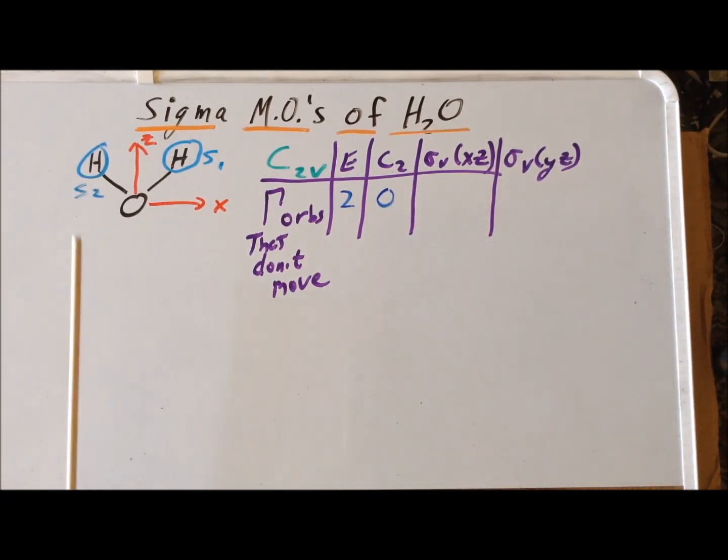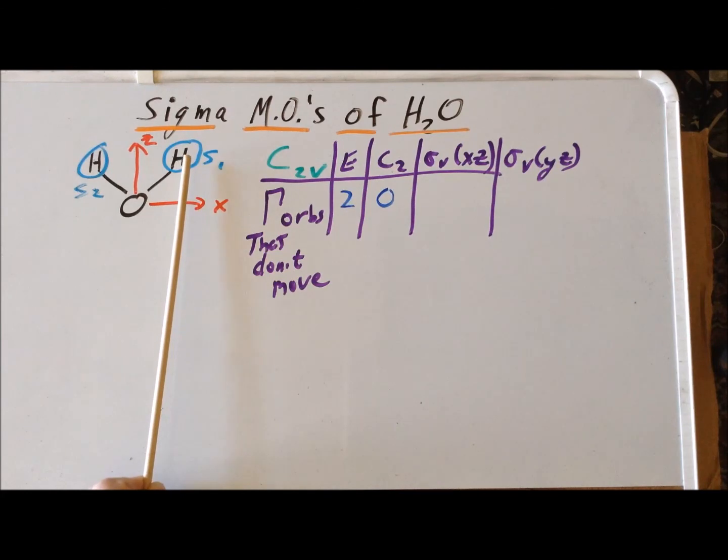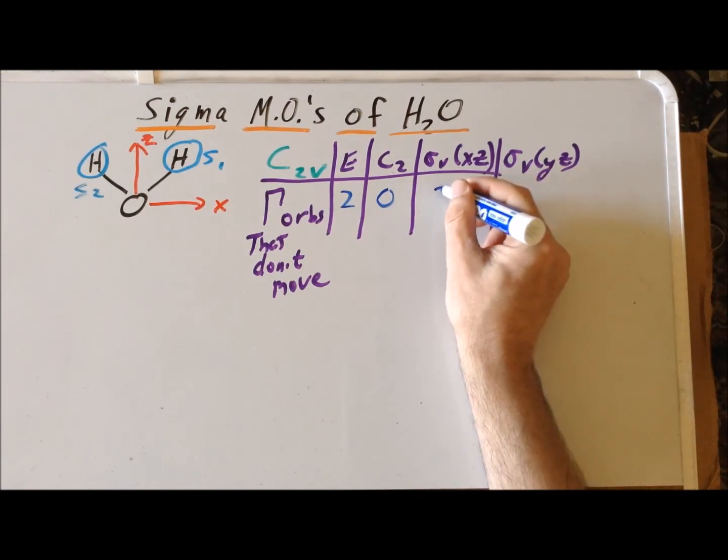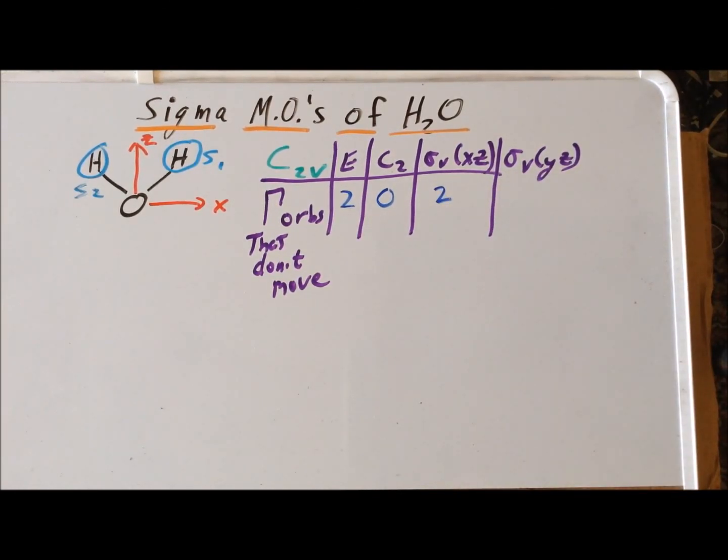For sigma V, we have a vertical mirror in the XZ plane, that is the plane of the whiteboard, and that reflects S1 into S1, S2 into S2, so both of the orbitals stay in the same position. So we put a character of 2 for this particular class, for this reducible representation.